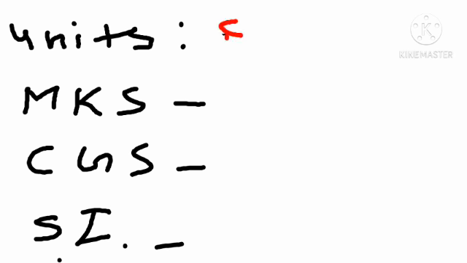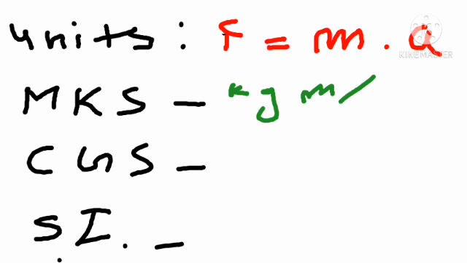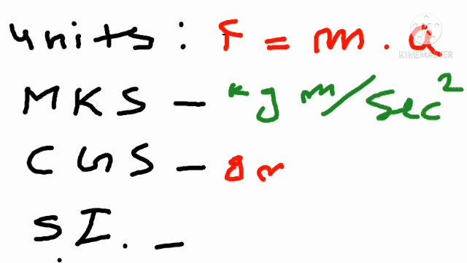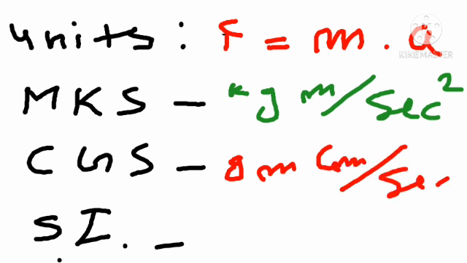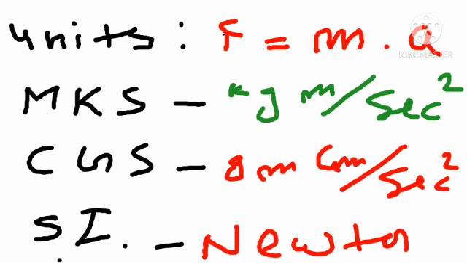Note down please. MKS means meter, kilogram, second. CGS means centimeter, gram, second. And SI stands for International System. In MKS, we require the unit in meter, kilogram and second.